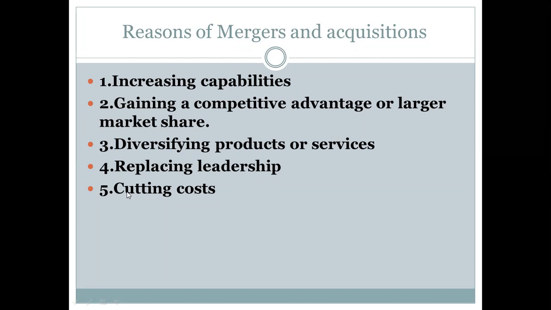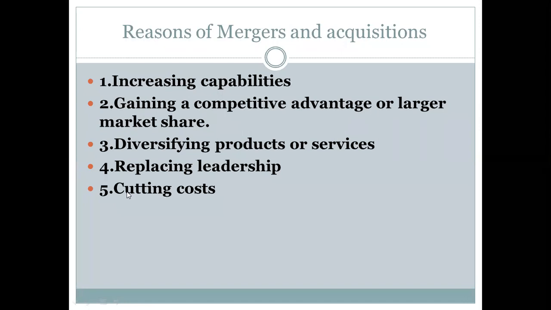Whatever the total cost of production or services, whatever the distribution cost, it will lead to lower as the volume increases. When more and more goods and services are produced by the organization in the case of merger and acquisition, it will lead to lowering the cost and increasing the volume of products and services, which will result in maximizing the total profits.